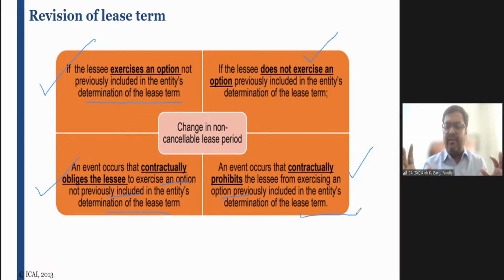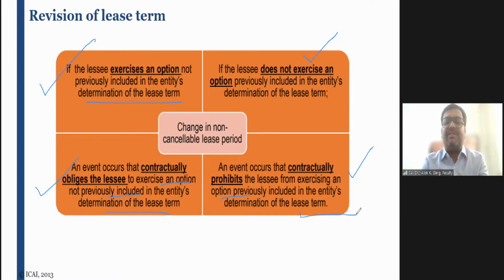So in Delhi, there are some areas which have been identified as industrial areas. So after this government announcement, the lessee is contractually bound to terminate this factory space and to avail a new space in the industrial area, which was not the case earlier.